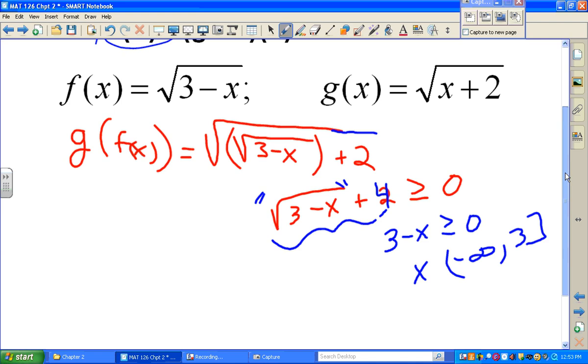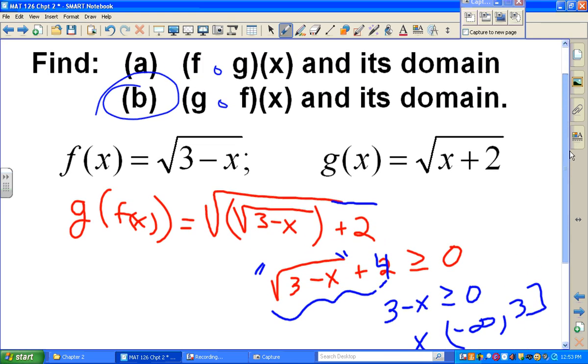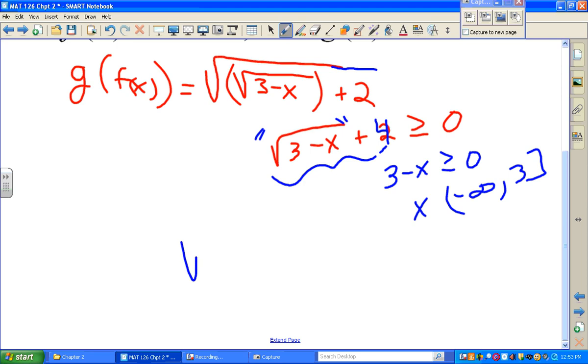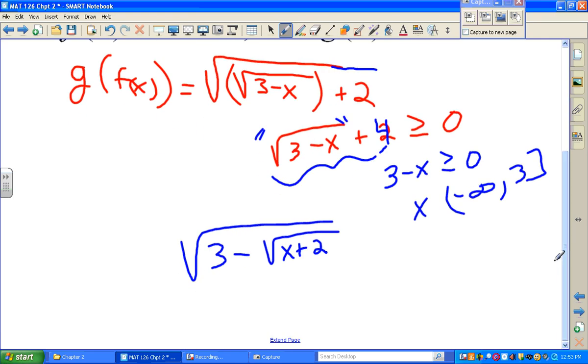Now on the flip side, if I go f of g of x, I have the square root of 3 minus the square root of x plus 2. Now we have some problems. Do you see how now you're subtracting radicals? And you have to maintain that being positive.